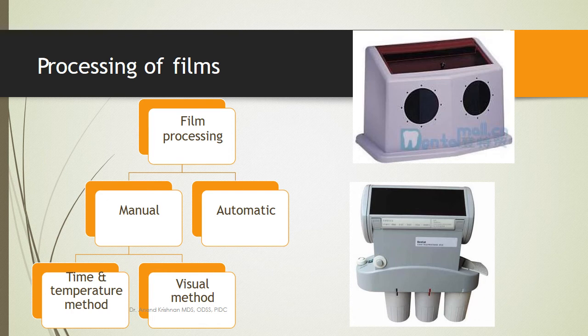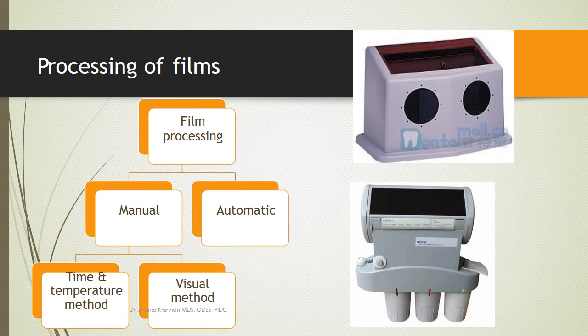The machine will do the processing for you. It will put the film through all the chemicals and all the necessary steps, and as an end result, you will get a processed radiograph. So you do not have to work for it. Whereas in the manual method, you have to do all the steps of processing by yourself.